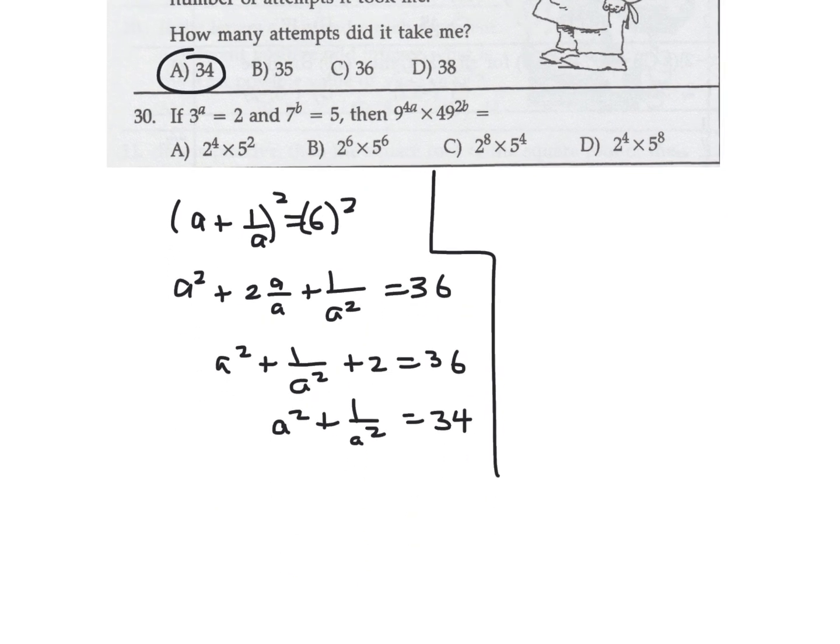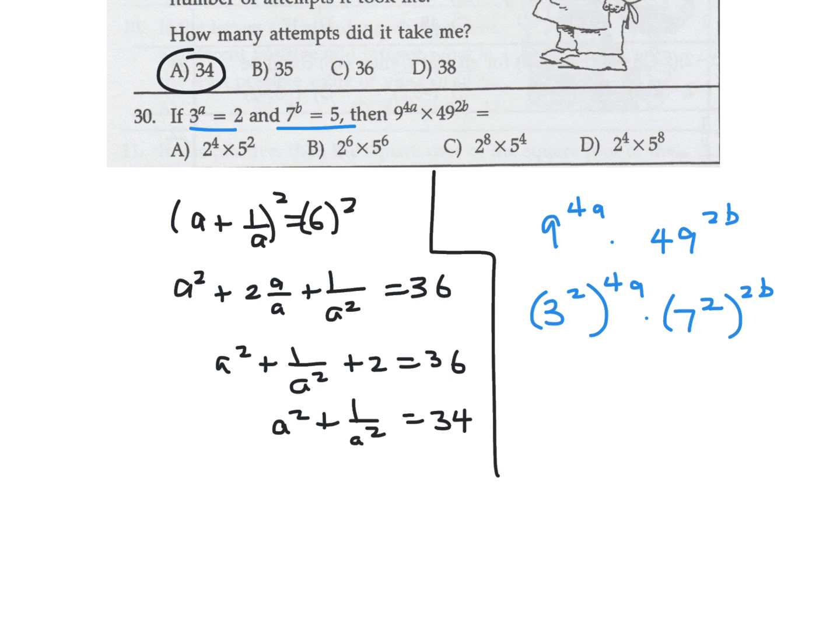And the last one. If 3 to the power of a is 2 and 7 to the power of b is 5, what is 9 to the power of 4a times 49 to the power of 2b? Okay, so let's see here. We got 3 squared, because I've got to work with 3's and 7's here. That's why I'm trying to convert it. And then we have 7 squared to the 2b.